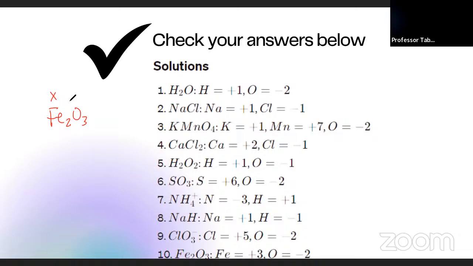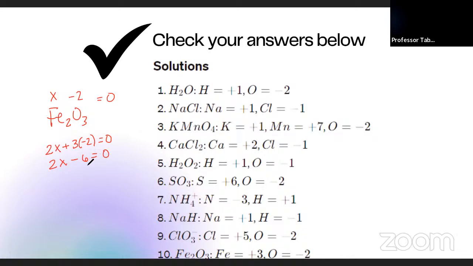We know the charge on oxygen is -2. We're going to still set this equal to 0. So in other words, 2 times that X plus, you've got 3 of those oxygens times the charge for that oxygen equals 0. So 2X minus 6 equals 0.